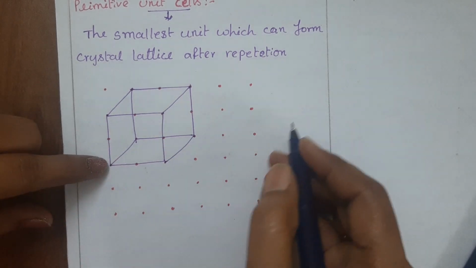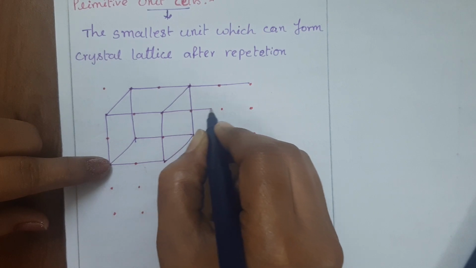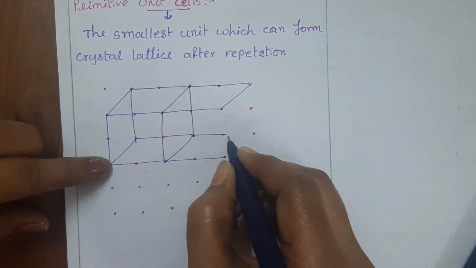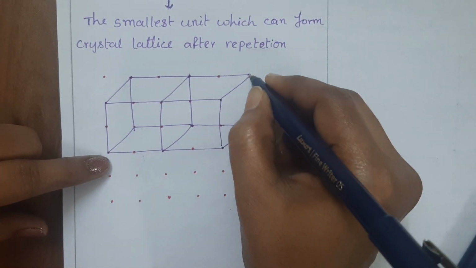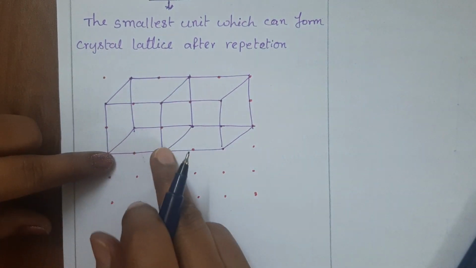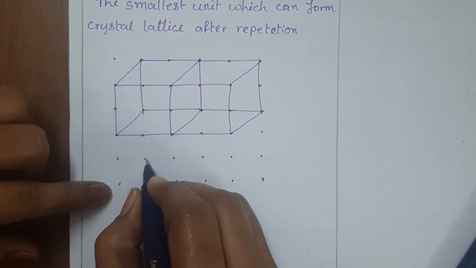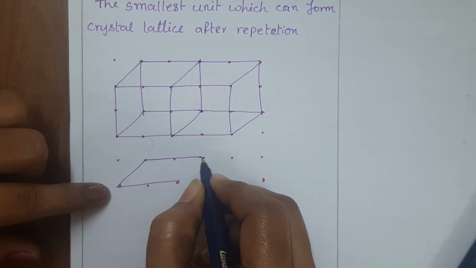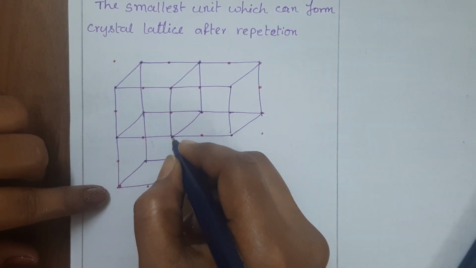One more unit cell we can draw here. So this is also one unit cell. First this is a unit cell and next this is also one unit cell. And next also we can draw a unit cell. It is one more unit cell.